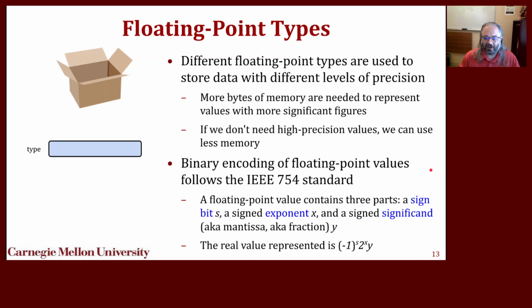So a floating point number has a sign bit S, an exponent X, which is signed, and a significand Y, which is signed. The real value represented by this encoding can be computed by the following formula: (-1)^S times 2^X times Y.